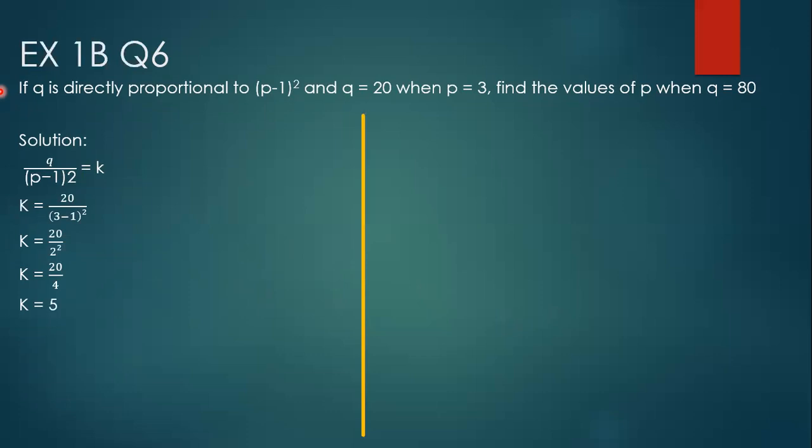Alright. Now make a connecting equation and replace the value of k. Since we are finding out the value of p, you're going to make a connecting equation with respect to p. So this p should come here. So p minus 1 whole square is equal to k upon q. Okay, looks a little complicated, but actually it is not.